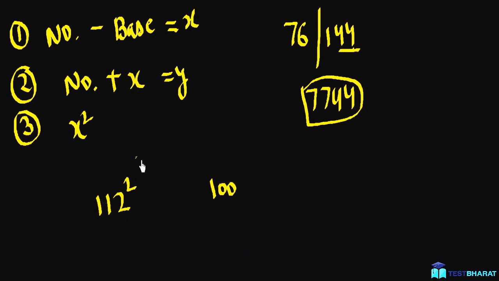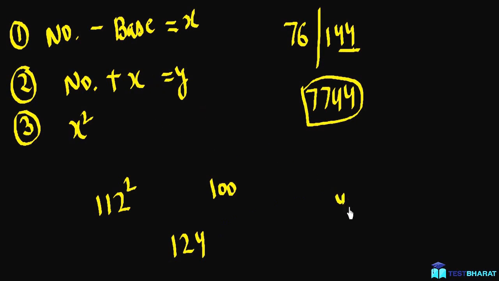So follow these steps. Number minus base. The number is 112 and the base is 100. So 112 minus 100 is 12. Now follow the second step: number plus x. The number was 112 and my x is 12. So 112 plus 12 is 124, and write it as y.